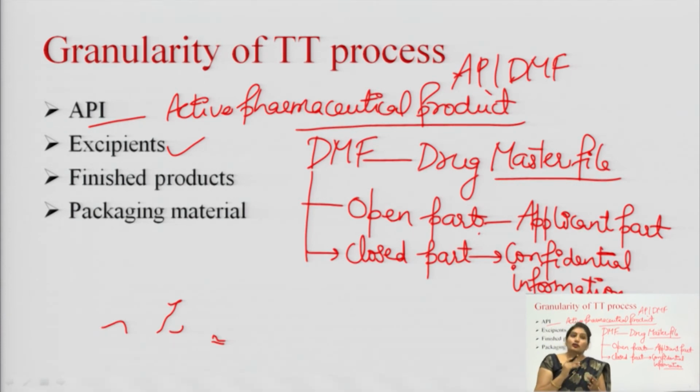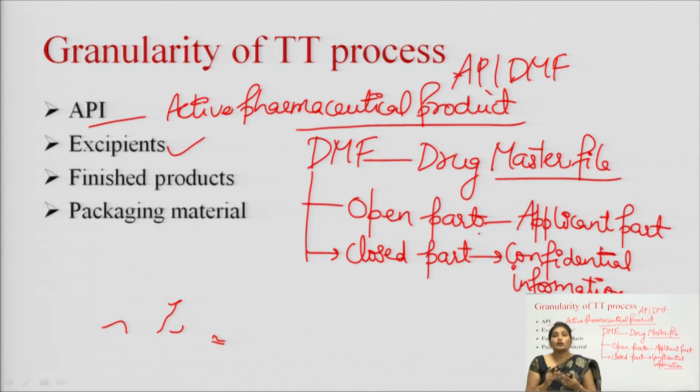Likewise, the information related to the excipient solubility, excipient partition coefficient, excipient pH, excipient dissolution, excipient solubility profile, all this information should be transferred from the sending unit to the receiving unit.